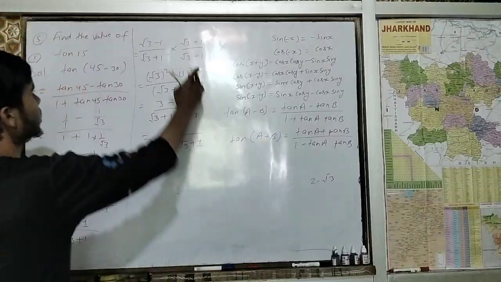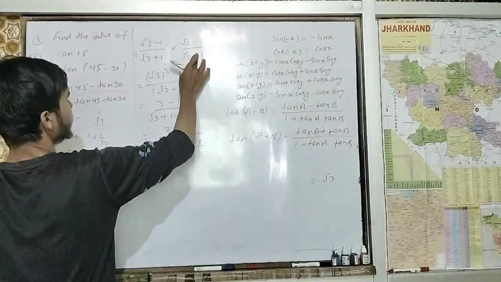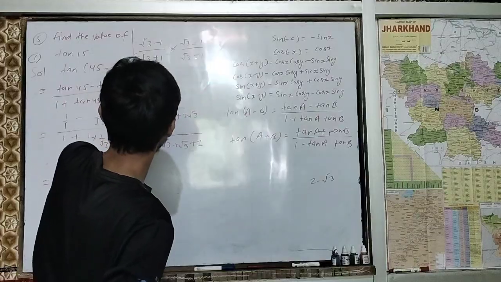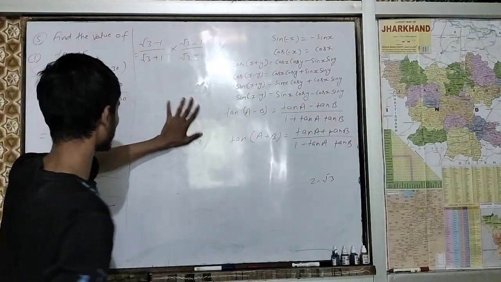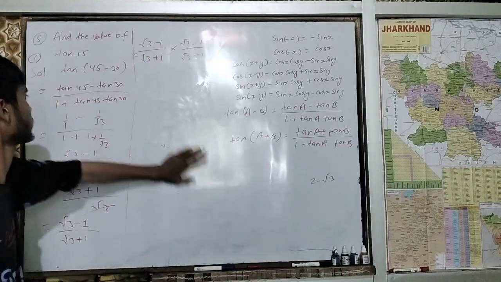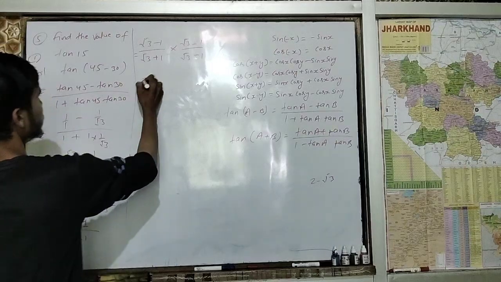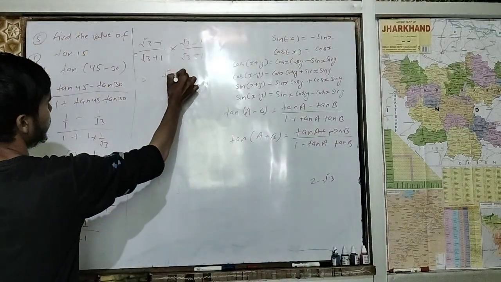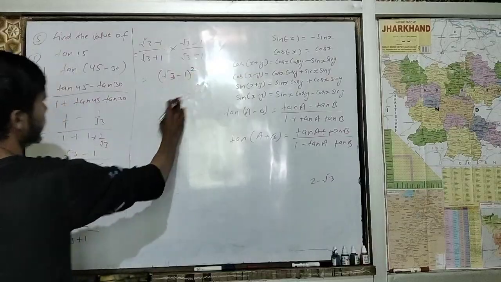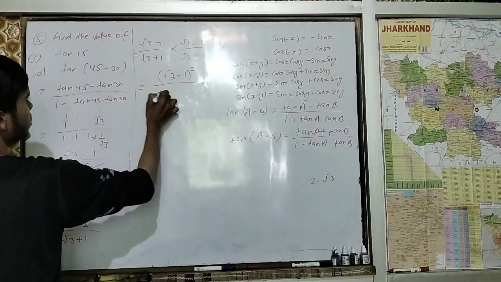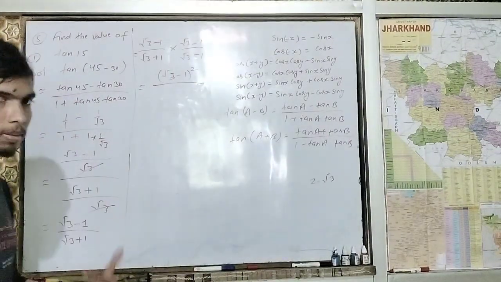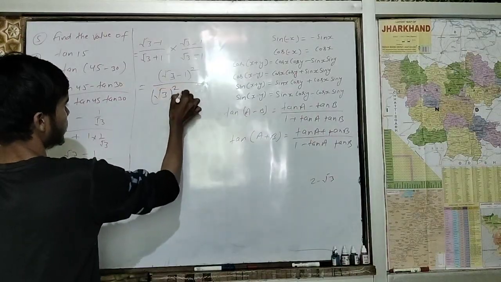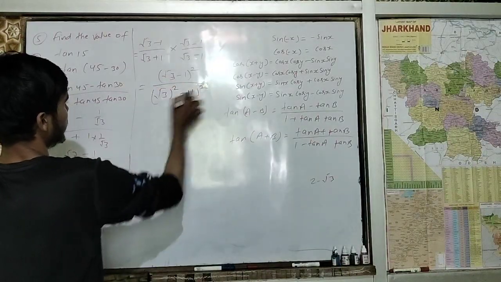So here we didn't do this part here. Minus. Now it is giving you root 3 minus 1 raised to the power square. Then this is upon a plus b, a minus b. Here we know that it is just a square, then 1 square.